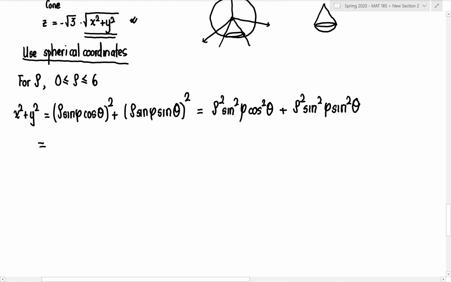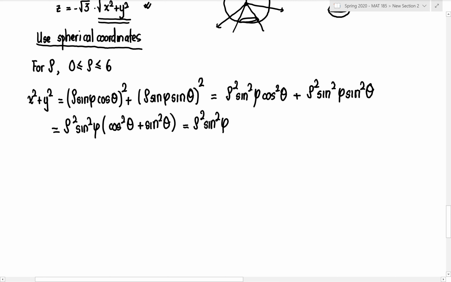Is there anything we can factor out there? Yes, there is. So this is rho squared sine squared of phi, and I'm left with cosine squared theta plus sine squared theta. And if I add cosine squared theta plus sine squared theta, I'm going to be left with rho squared sine squared of phi. So we have x squared plus y squared is equal to rho squared sine squared of phi.